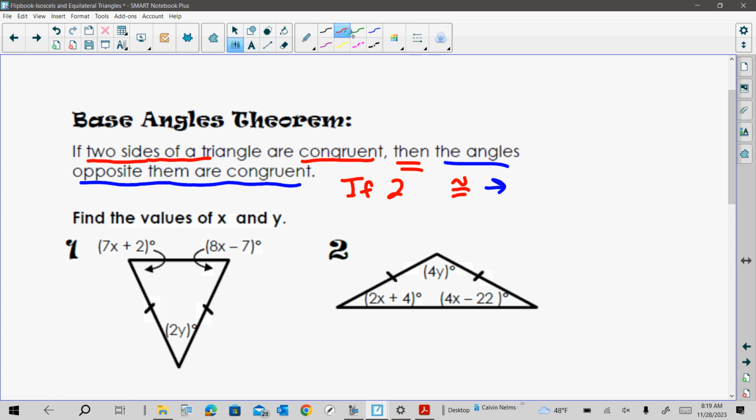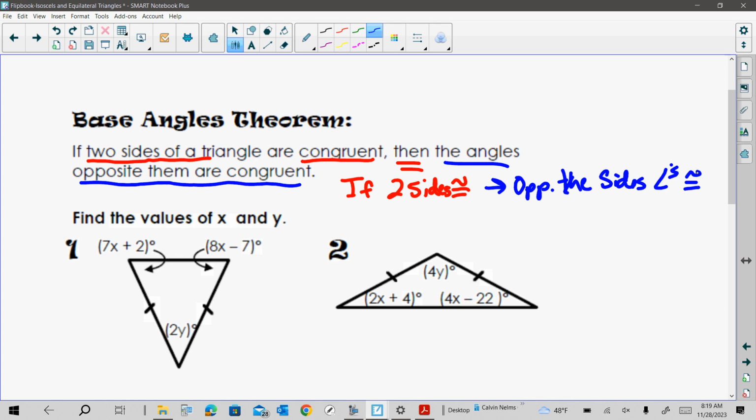So if I have two sides congruent, then opposite the sides, angles are congruent. Because we're going to do the converse of this relationship.